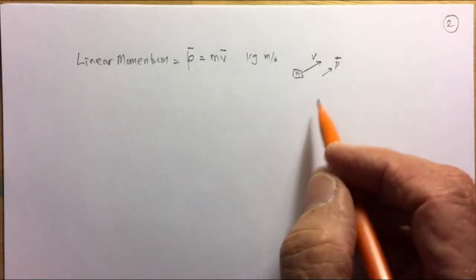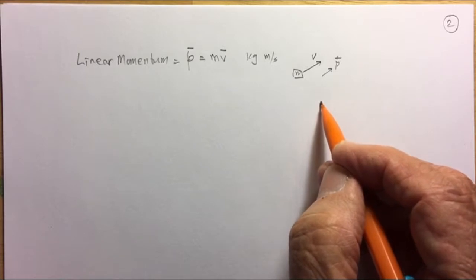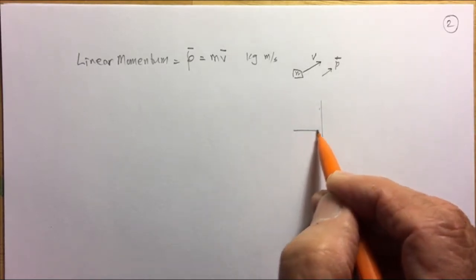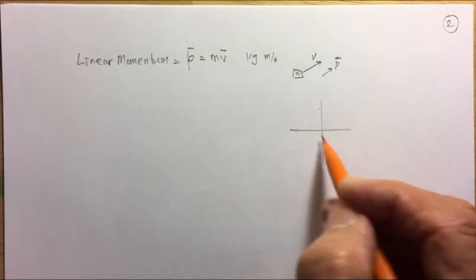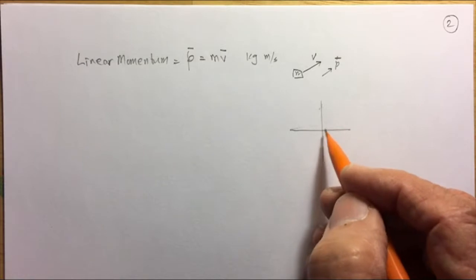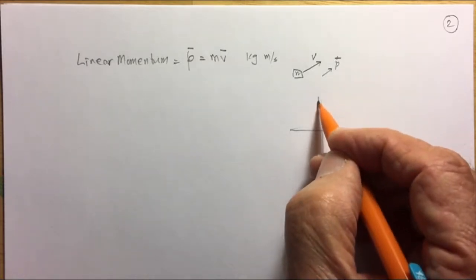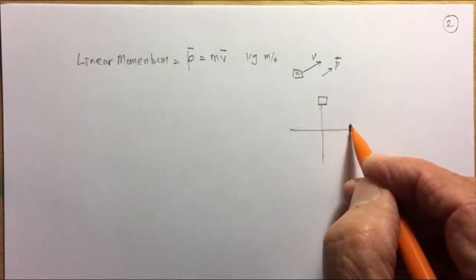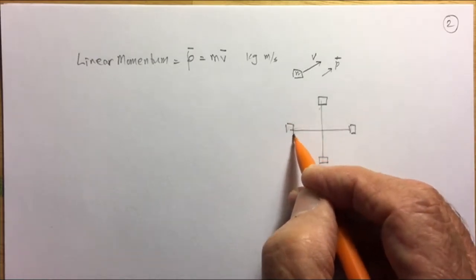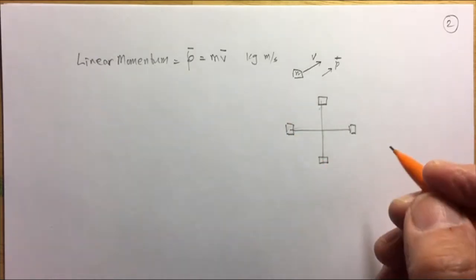Now let's consider an object that's a cross of equal sides. All sides are considered equal. Its mass is extremely small, so we'll ignore it. And there are four equal masses attached to it.